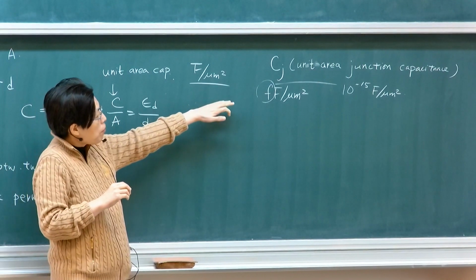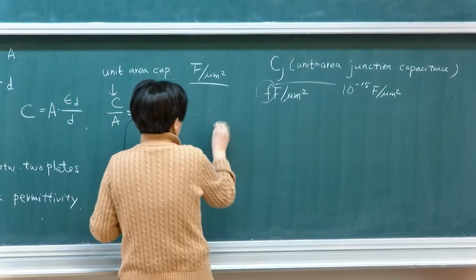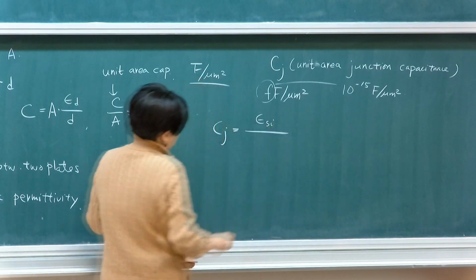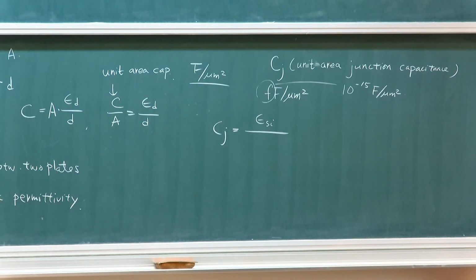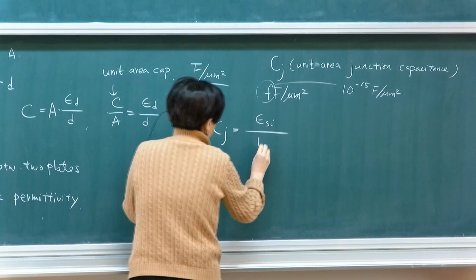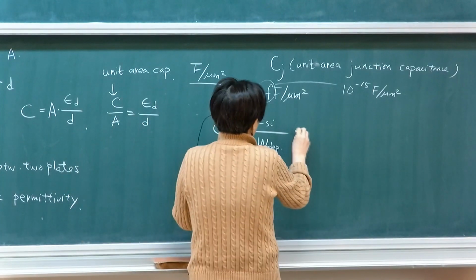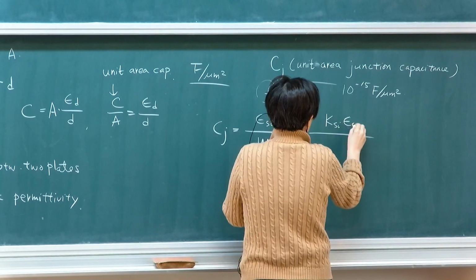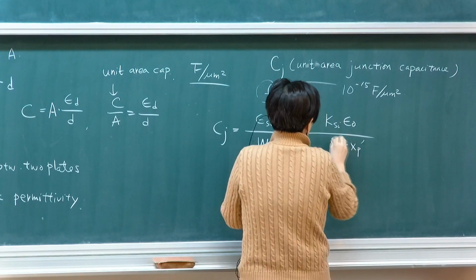But anyway, we already know that for the unit area capacitance, you can use the parallel plate capacitance idea, so it should be silicon permittivity divided by the distance between the charges. In that case, the distance between the charges will be the depletion width. Or another way to write this will be K times permittivity of vacuum, divided by Xn plus Xp.